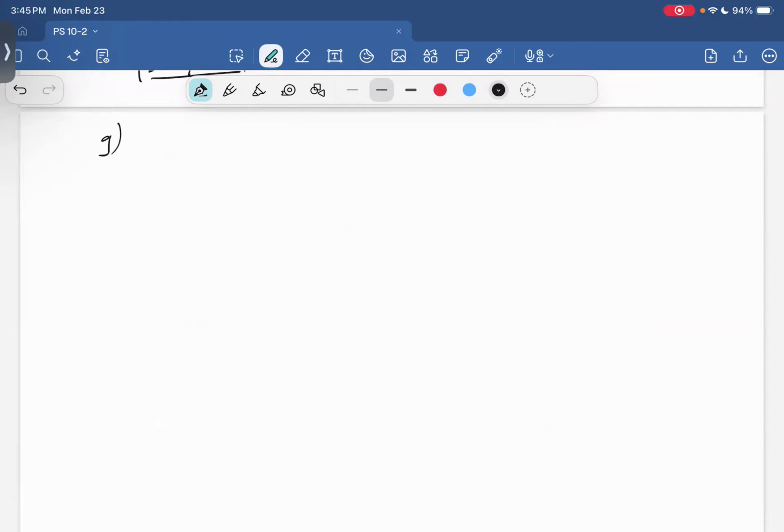Let's do g. y squared plus 6y plus 8x plus 25 equals 0. Let's isolate the variables. To complete the square, I add 6 divided by 2, which is 3, and 3 squared equals 9 to both sides.